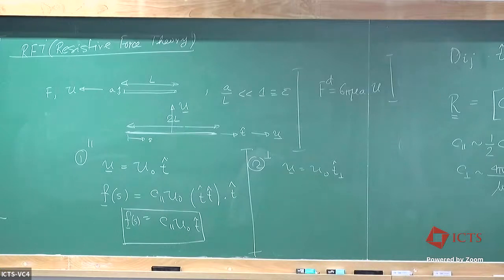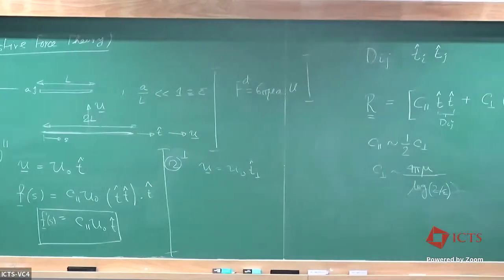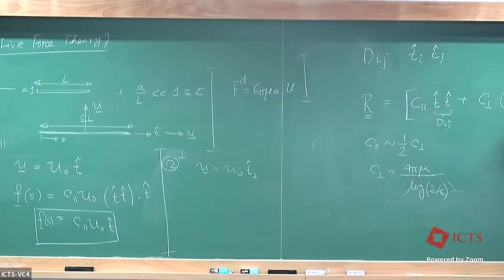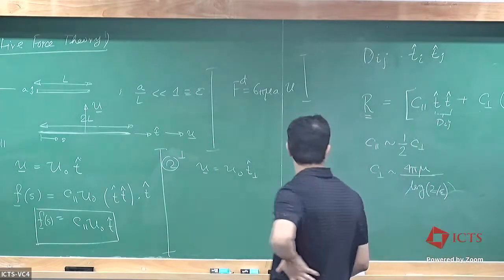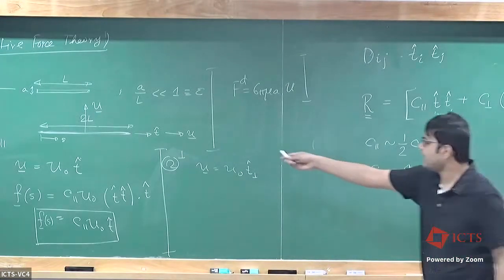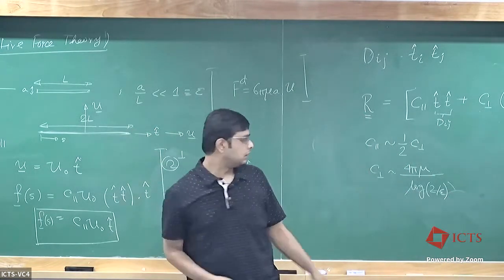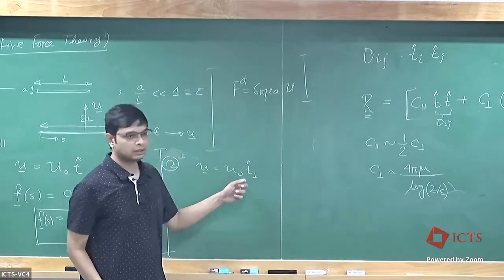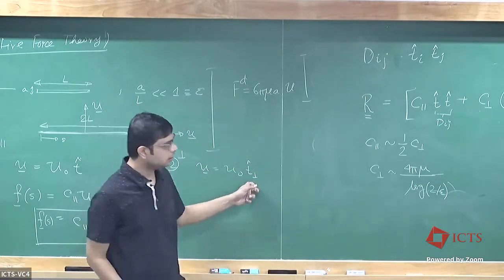Will it? It won't. Fine. Will this term contribute now? It will, right? What will be the value? So let's make our life simpler. Let's take this as x, this as y. So u is essentially u naught times y hat, effectively.